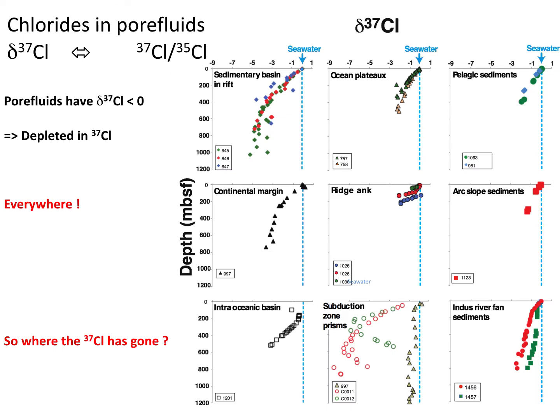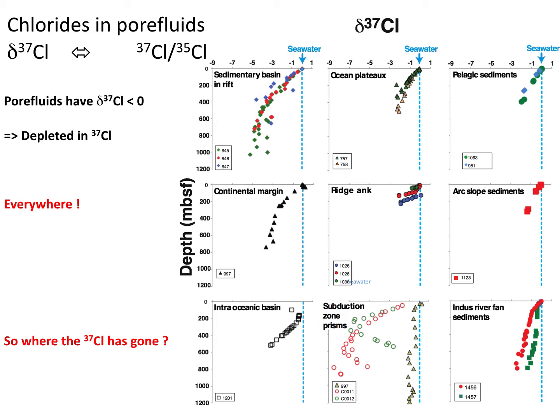On this slide, the depth profiles of the delta 37 chlorine are presented. It is immediately noticeable that all the values start from 0, which is the delta value of seawater at the seafloor, and gradually decrease with depth. Out of 270 delta values measured, only 3 are above that of seawater.